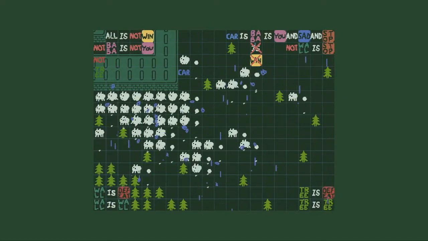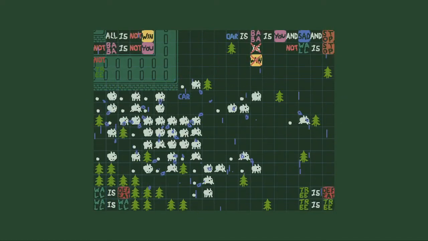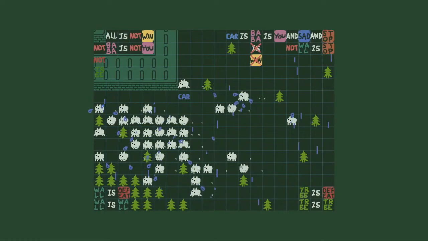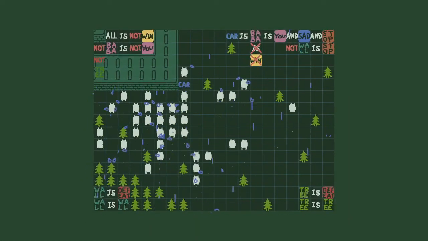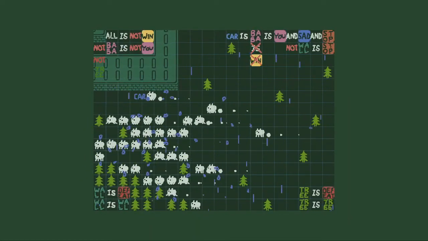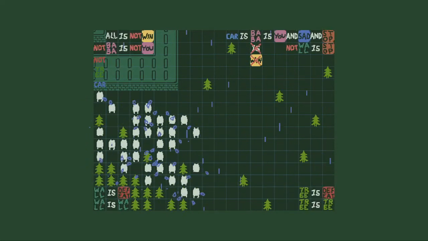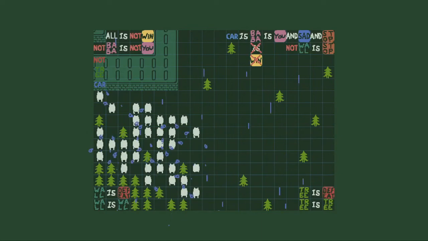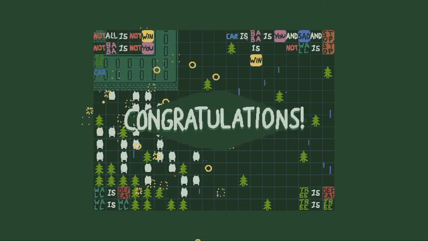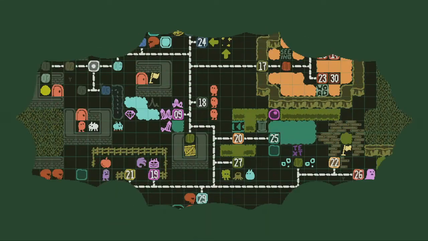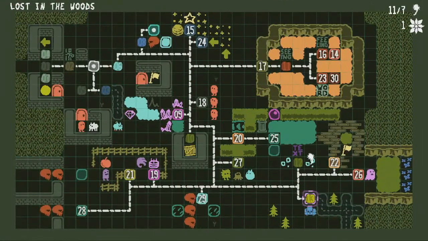Great. The northernmost Baba is the one that I'm focusing my eyeballs on. I want to push this down here. Northernmost Baba can push the word car over here. And so now I think if I move up, not all is not win means Baba is win will no longer be X'd out and I will win. Yes. Great. Okay. I'm pretty pleased with my solution strategy there.